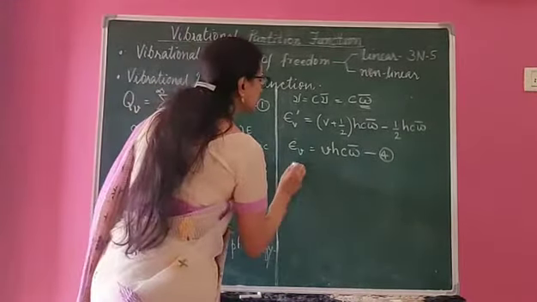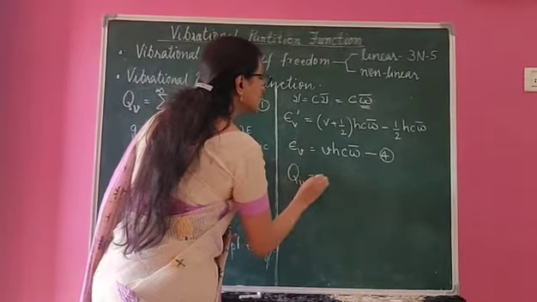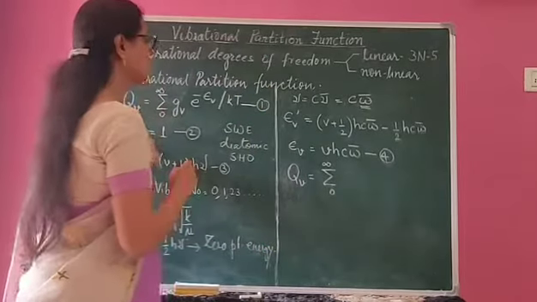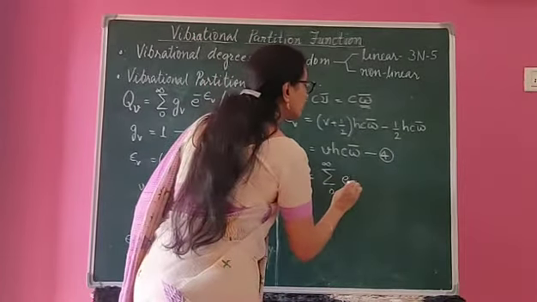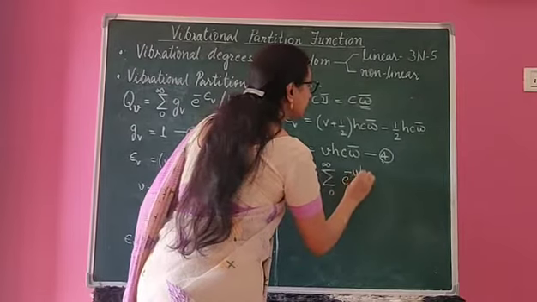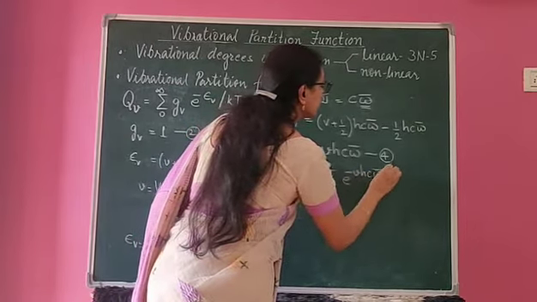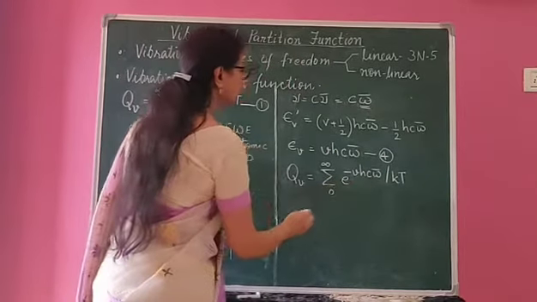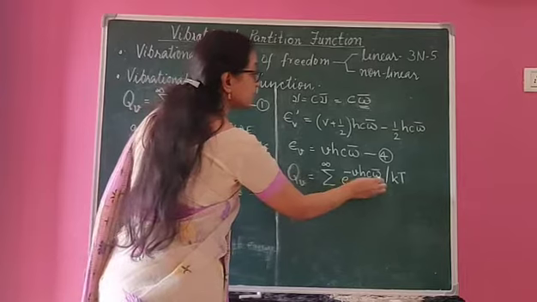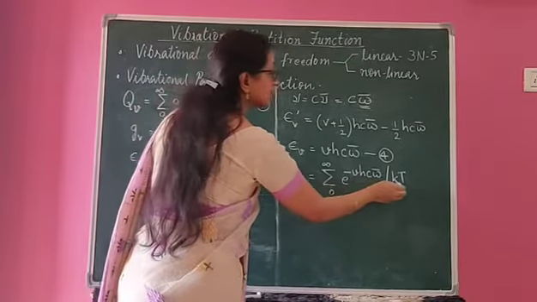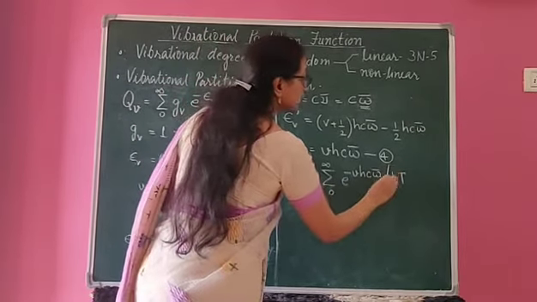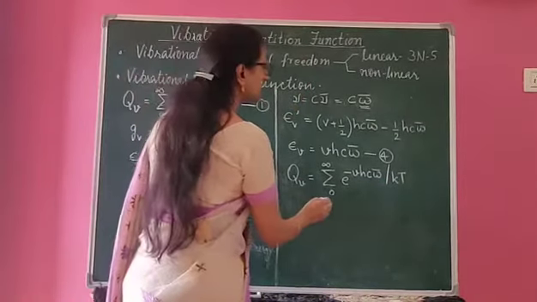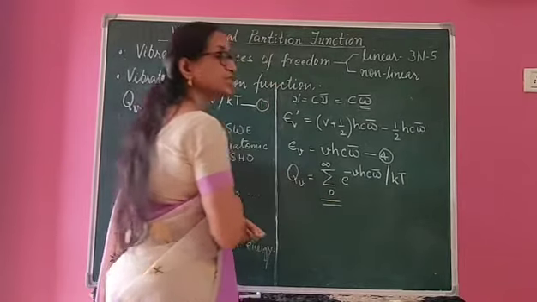So what we will get: Q_V is equal to the summation from 0 to infinity, g_V is 1, e to the power minus the energy in excess of the lowest upon kT. Here we see that the value hc omega bar is very high in comparison to the thermal energy. So we cannot take the levels as closely spaced.